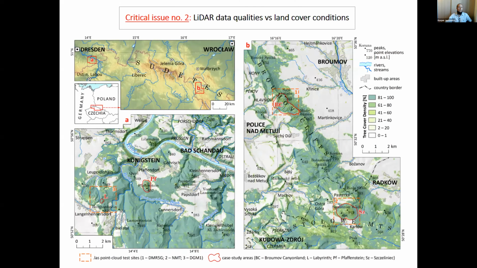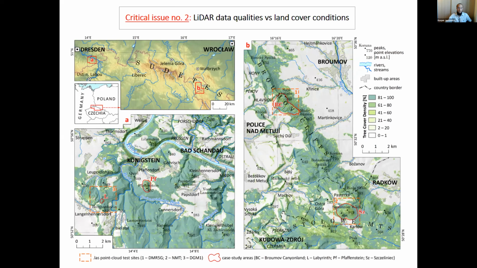And the second issue is linked with the fact that in Central Europe, our sandstone areas are usually densely vegetated. You can see it on this location map. They are marked by red polygons. And I guess we all know that tree canopies can greatly decimate the number of ground points from the airborne LiDAR data.